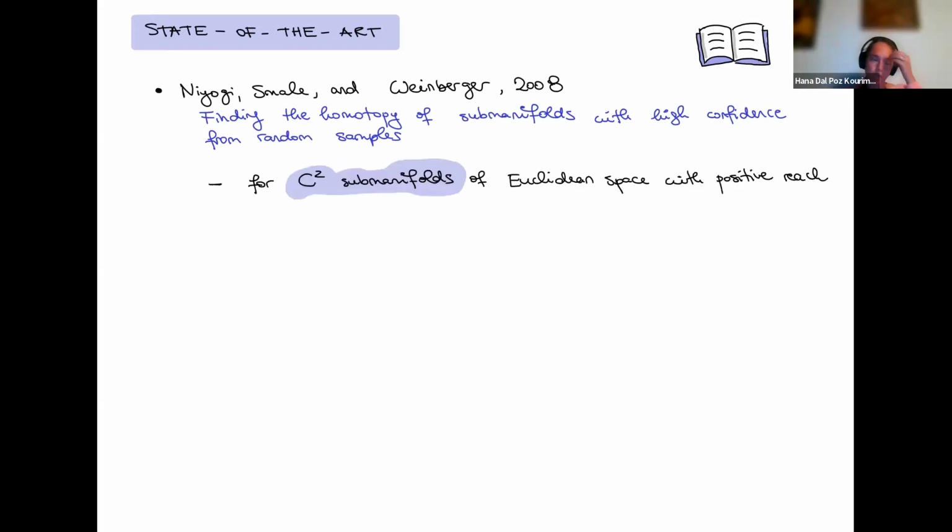And the condition that these authors have on the set S is that it is a C2 submanifold with positive reach.